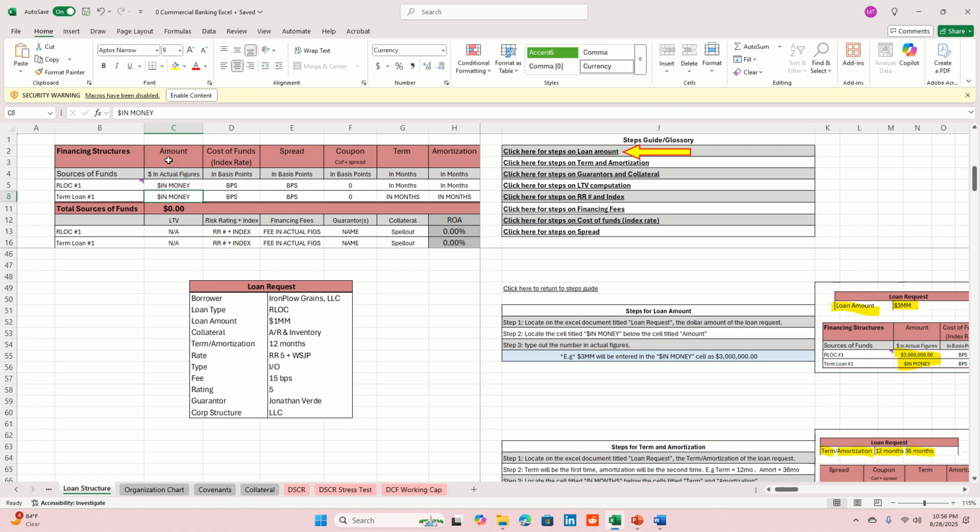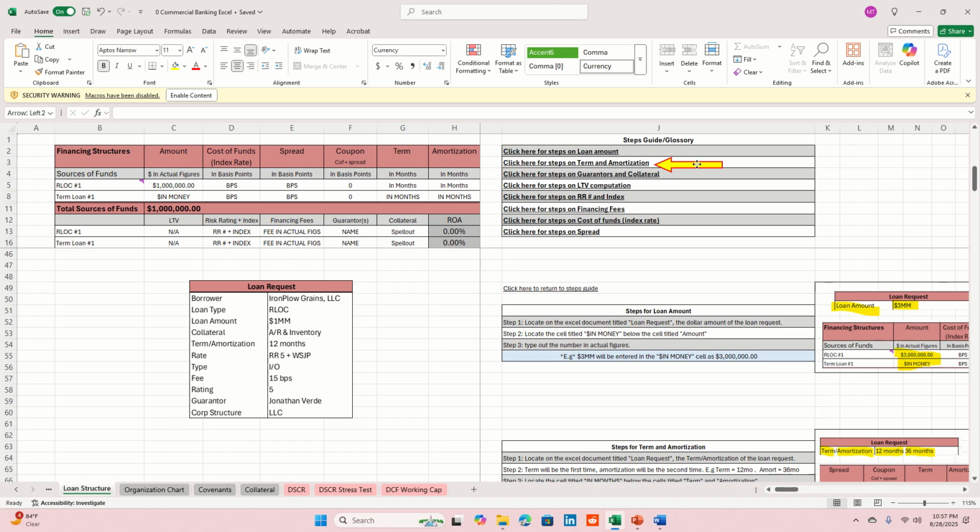Okay, so where it says amount and where revolving line of credit line up, we're going to type in $1 million. And now it should populate right here.